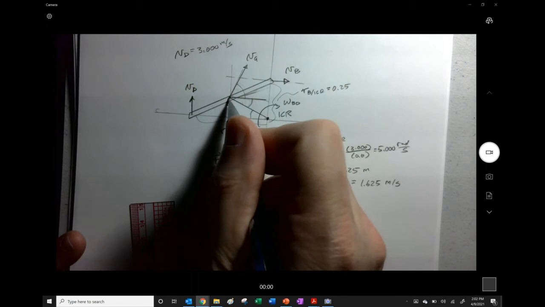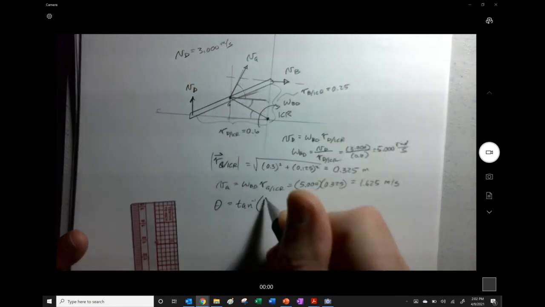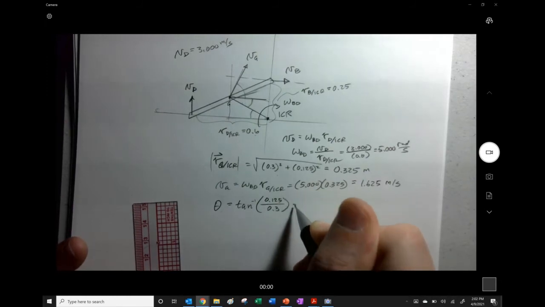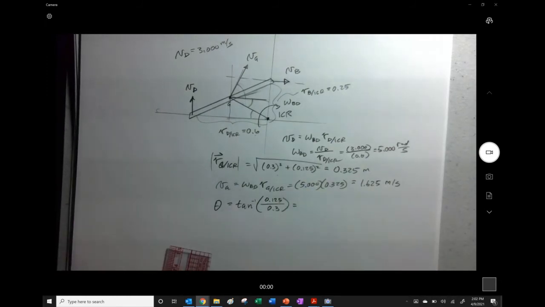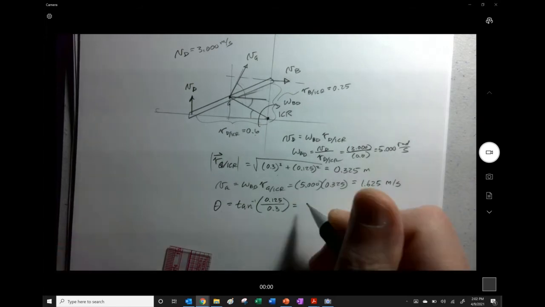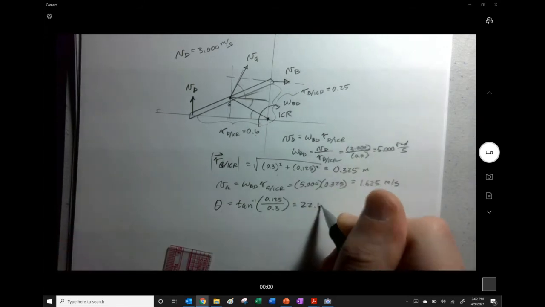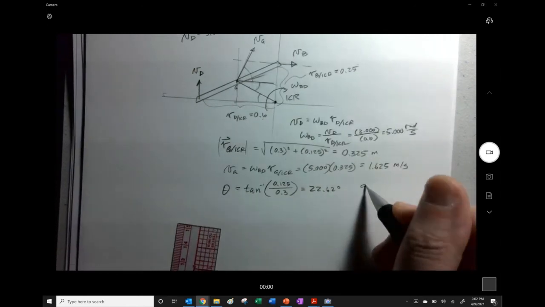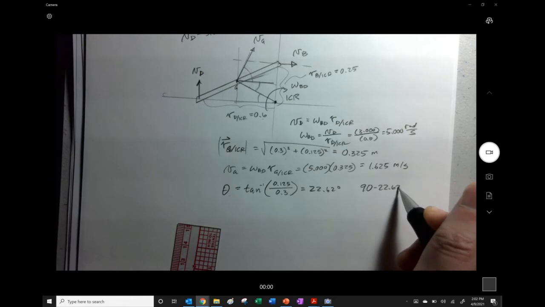But let's use it for what we have right here: 0.125 up and 0.3. So 0.125 over 0.3, take the inverse tangent, and you get 22.62, which is what we found before. So the actual angle is going to be 90 minus 22.62.